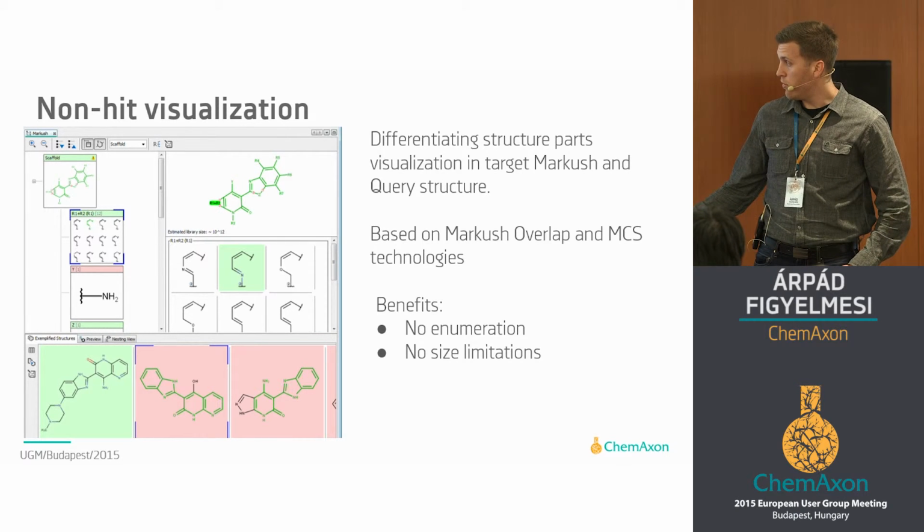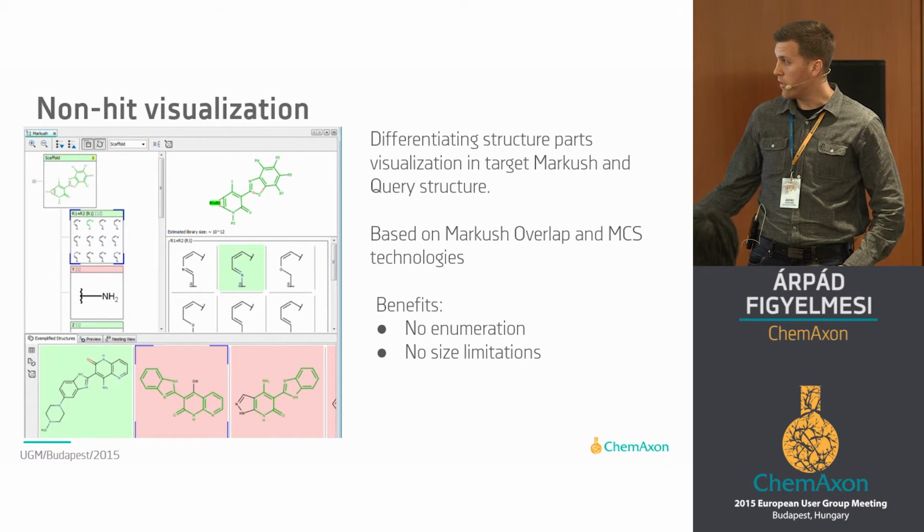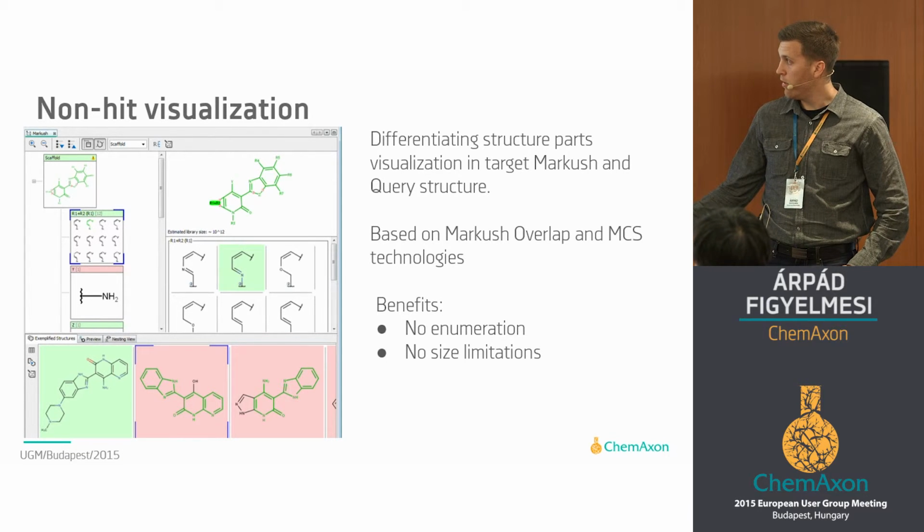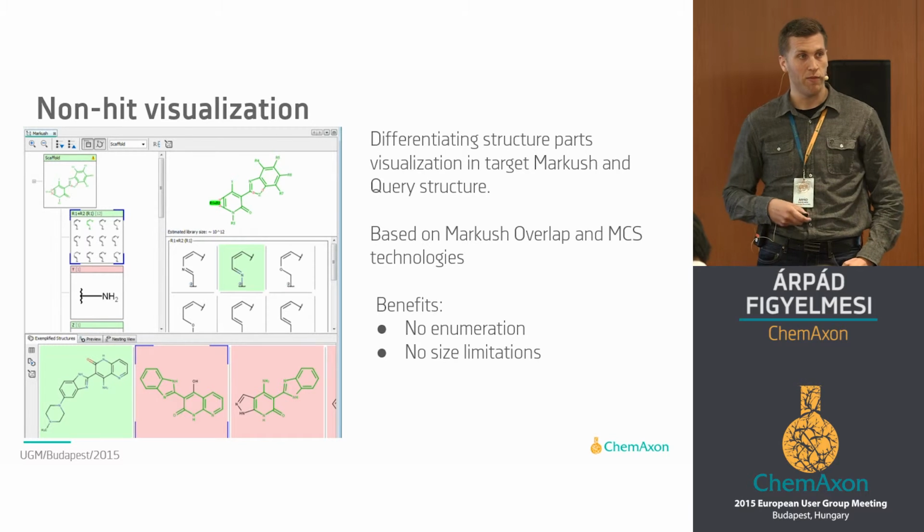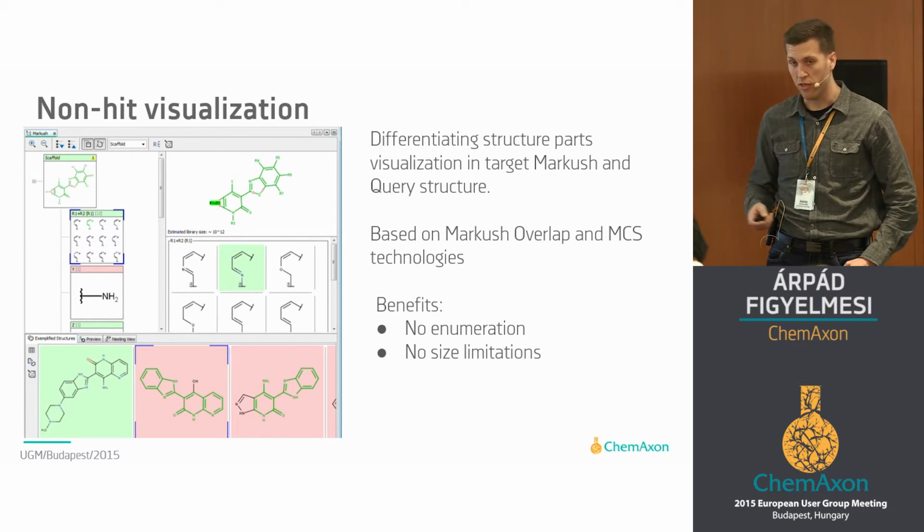Here you can see a non-matching exemplified structure, and as you can see, the matching part of the structure is highlighted in green, but here is a black hydroxyl group, because this hydroxyl group is not represented in the Markush structure. Inside the Markush structure, you can see the matching parts are also highlighted in green, and the non-matching fragment definition is highlighted in red. This way, it's really easy to find why this structure is not matching the Markush.